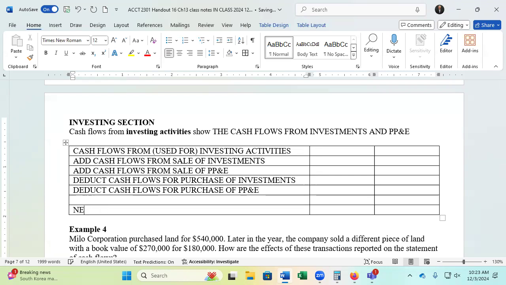And then you'd have your net cash from or used by investing activities.